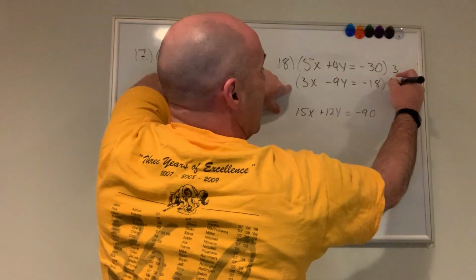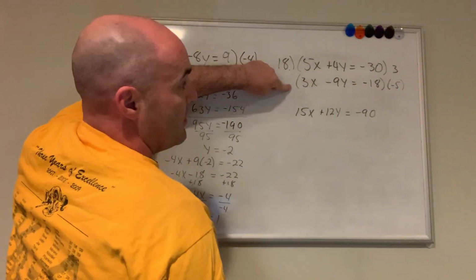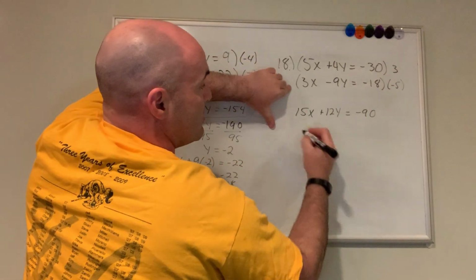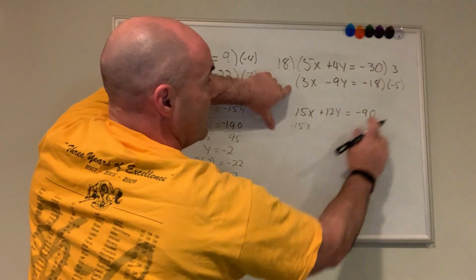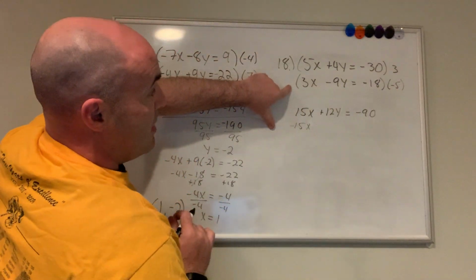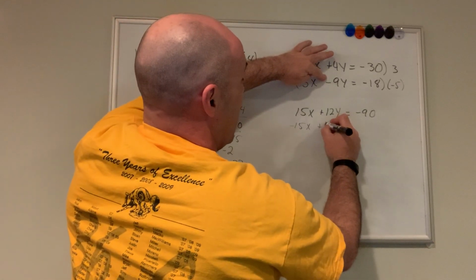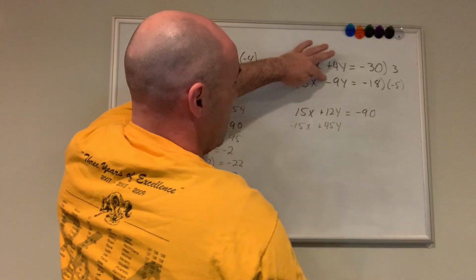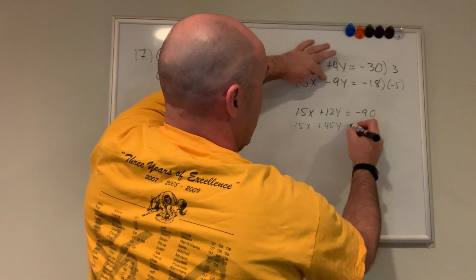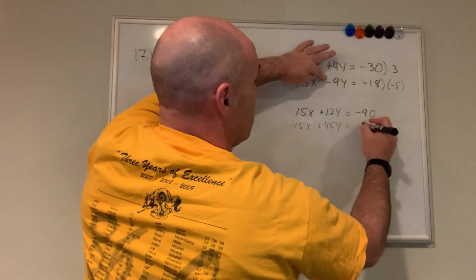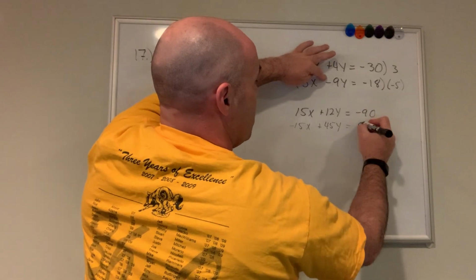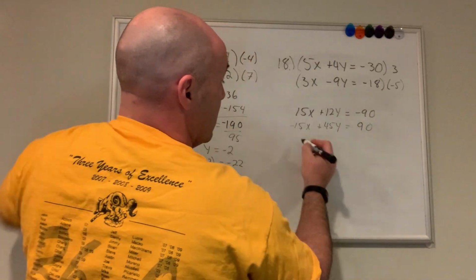So we'll multiply the bottom one by negative 5. Negative 5 times 3x is negative 15x. Negative 5 times negative 9y is going to be positive 45y. And negative times a negative is positive, and that's going to be positive 90.